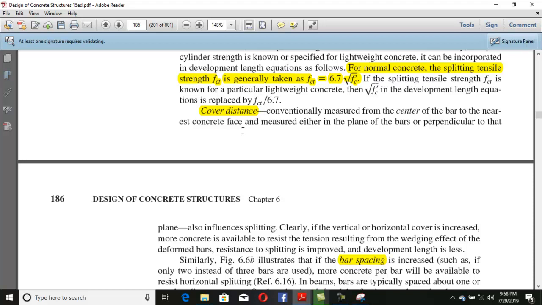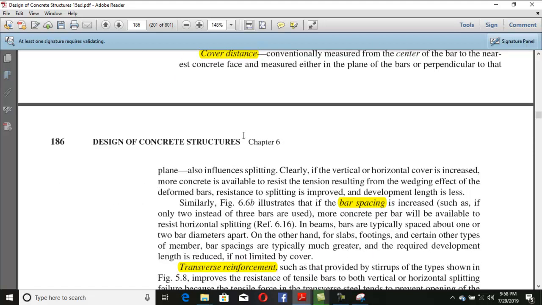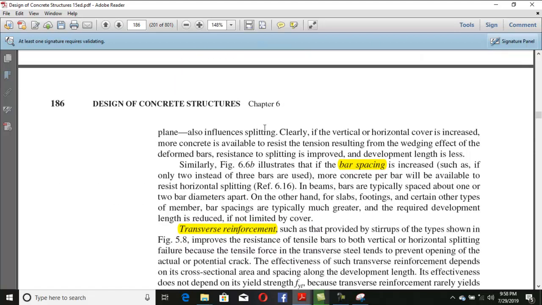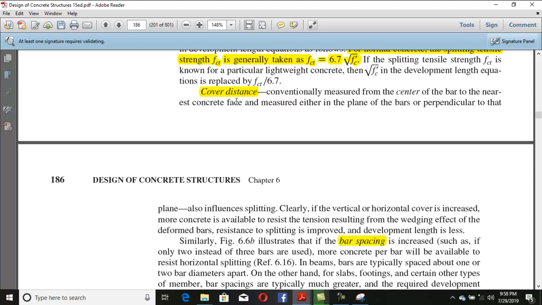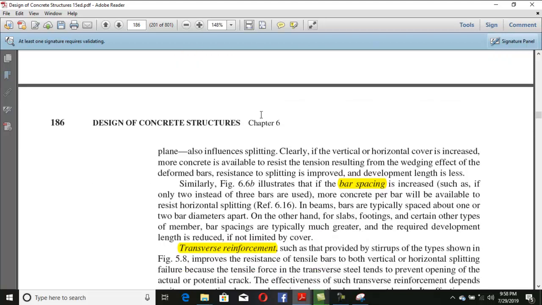These are very important from the development length point of view, because cover distances affect bond stresses, and once bond stress is affected, your development length is affected. If your bond forces are maximum, your development length will be minimum, and if your bond stresses are minimum, your development length will be maximum. That is a direct relation between these two.